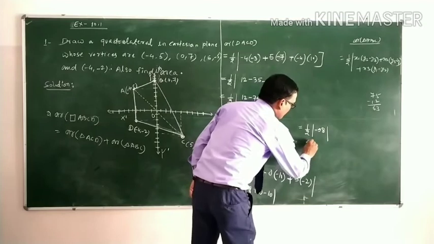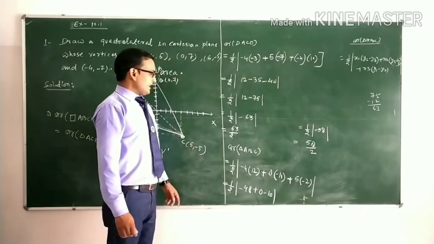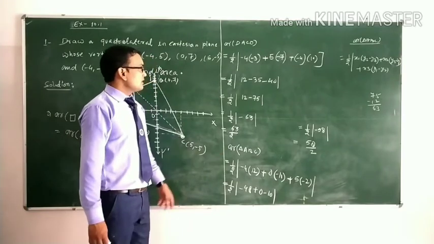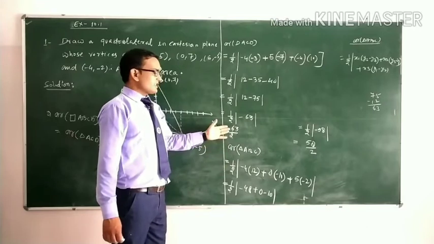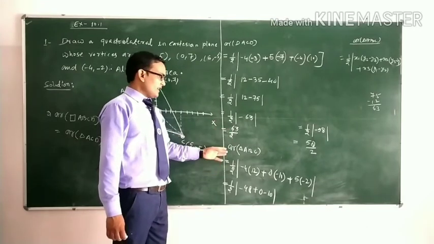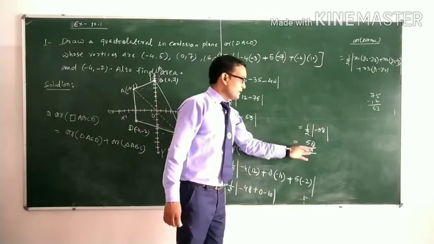This gives 58/2. Okay students, area of triangle ACD is 63/2 and area of triangle ABC is 58/2.